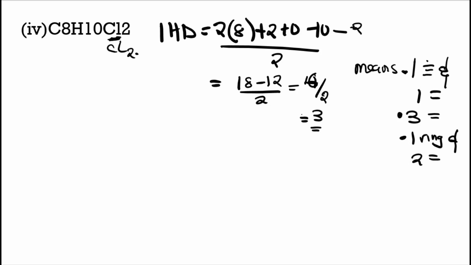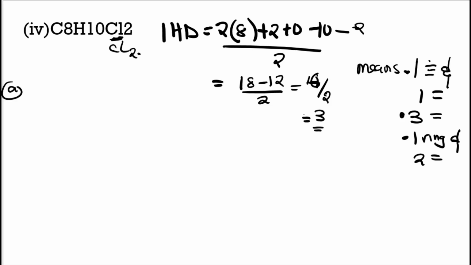So let's write the possible structures for this compound here. So number 1 can be 8 carbons: 1, 2, 3, 4, 5, 6, 7, 8. There are 2 chlorines, so you can have 1 chlorine here, the other chlorine here.